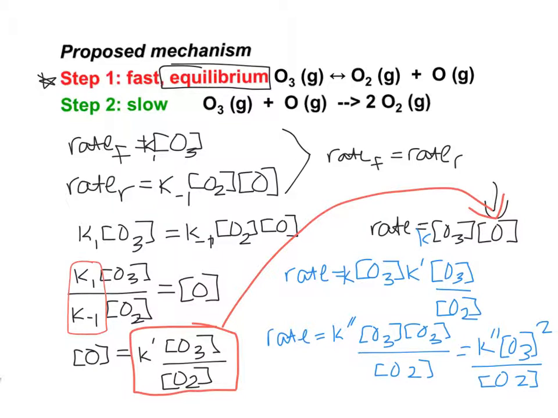Now, if you look back, this is our ending result. Everything is simplified as much as I can get it. And now I just have to say, does that match the rate? We actually do get the same rate law, which is fabulous.